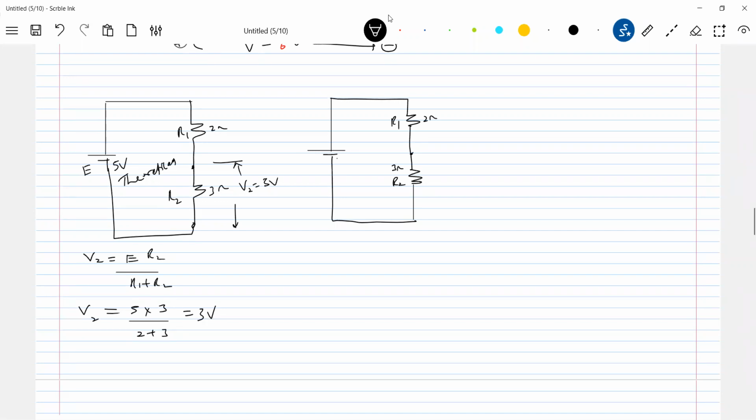I'm going to connect that voltmeter, and there's a symbol showing that we have connected a voltmeter. Every voltmeter will have an internal resistance. Let the internal resistance of the voltmeter, RV, be 3 ohm for calculation purposes.